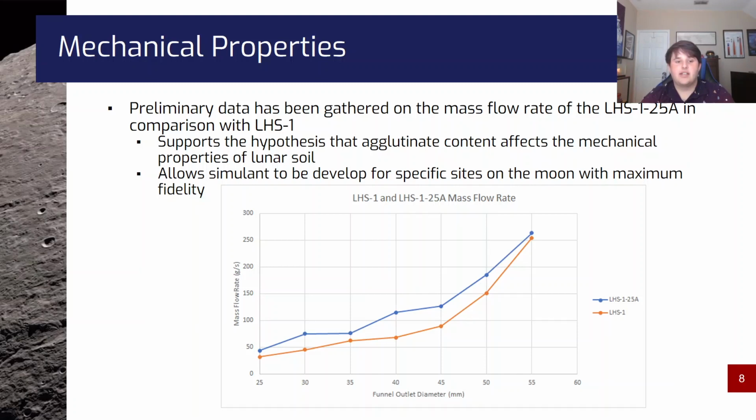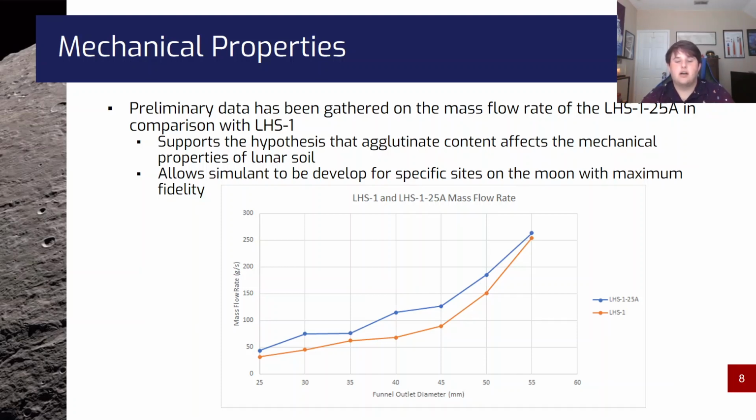One interesting finding here, as you can see on the chart, is that the mass flow rate of the 25% agglutinate mixture is actually higher than the normal LHS-1, which is not as expected, as ideally adding more glass should slow down the flow rate, as the shape of the glass keeps it together more.